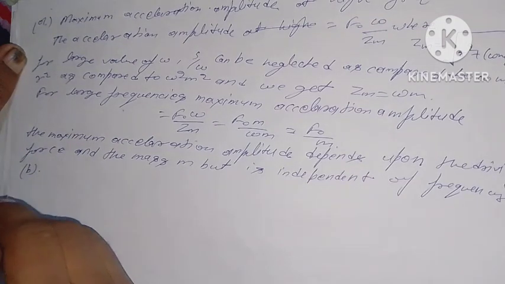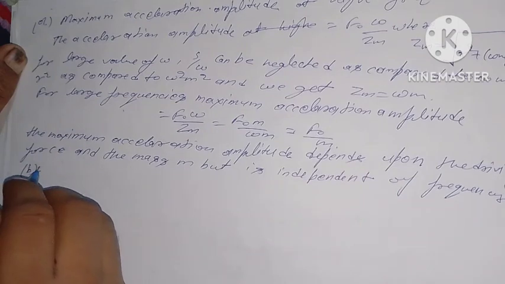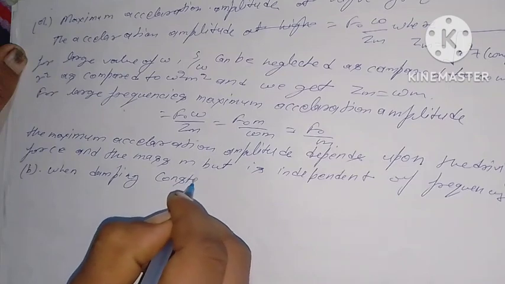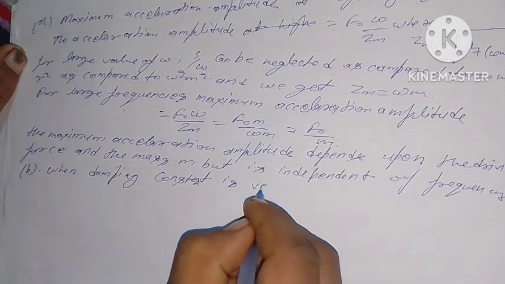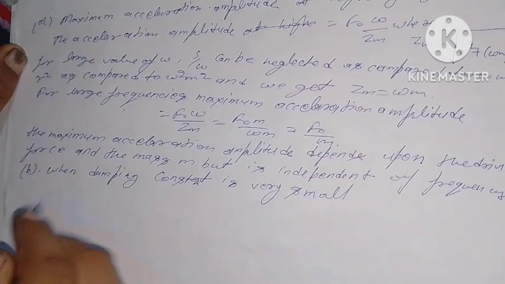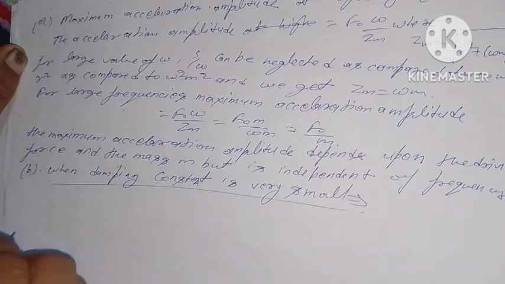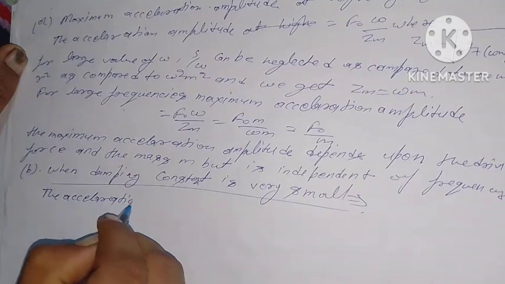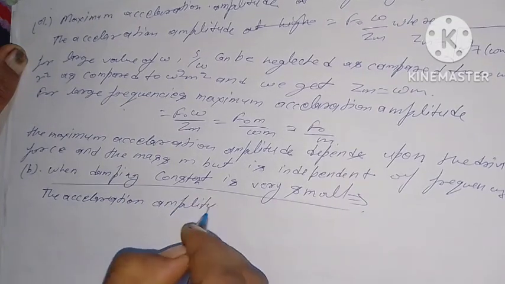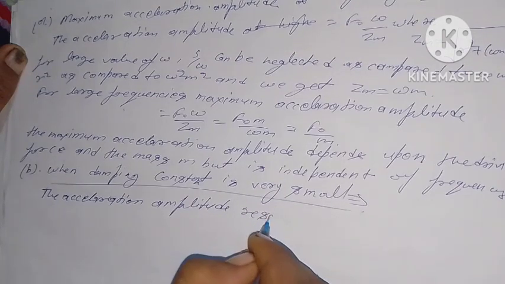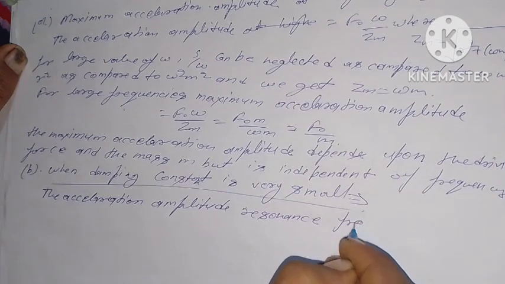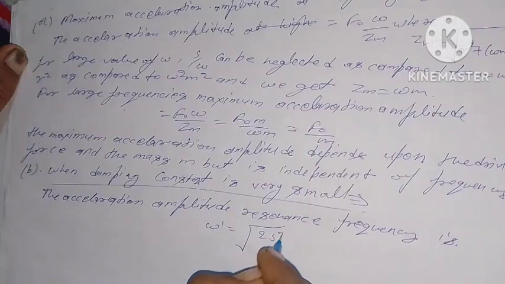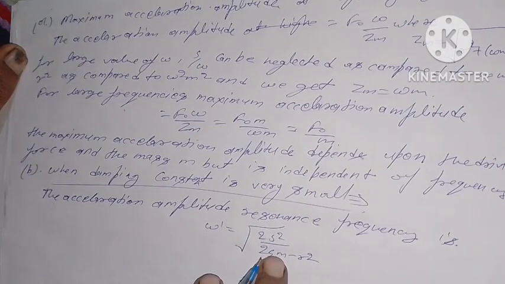B point. When damping constant is very small, the acceleration amplitude resonance frequency is omega dash equal to under root of 2s square by 2sm minus r square.